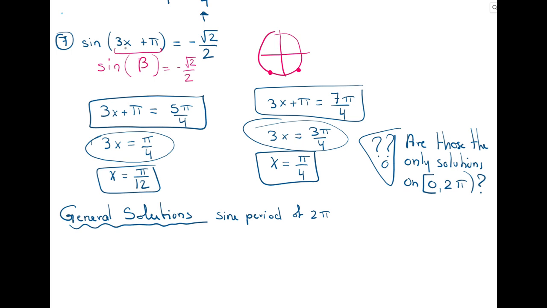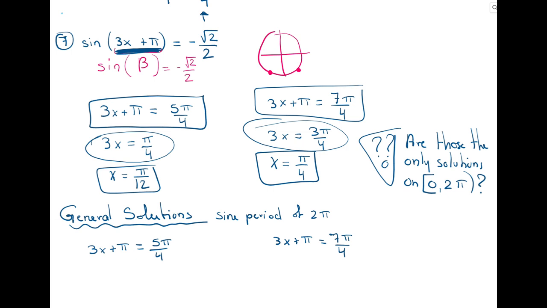So what we had to start with in our trig function, 3x plus pi, we said that was equal to 5 pi over 4, and the other one was 3x plus pi is equal to 7 pi over 4.